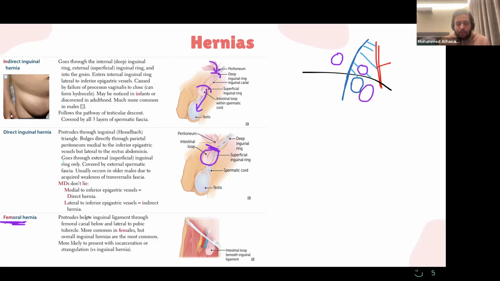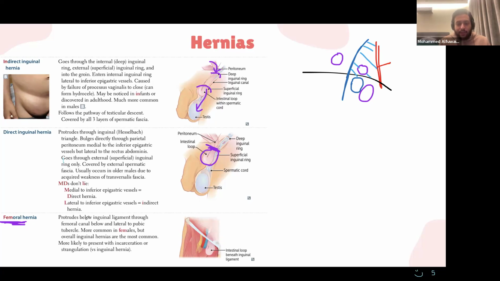From the abdominal and groin hernias, these three are the most important ones. There are so many other ones, like umbilical hernia, Richter's hernia, Littre's hernia. There are a lot, but they are very low yield, which is why I doubt they will come and why I will not go through them. These are the high-yield ones.